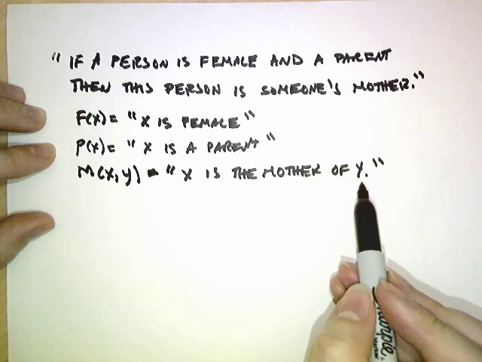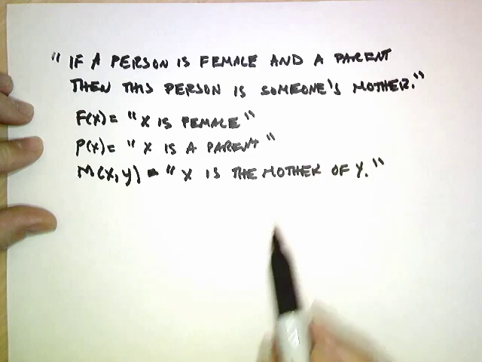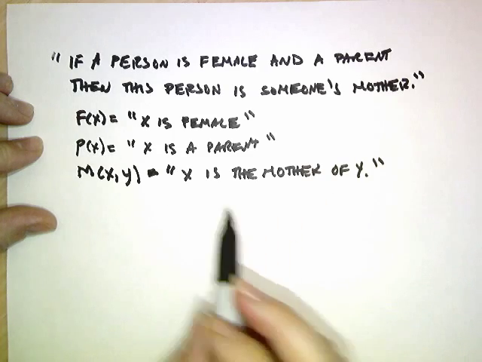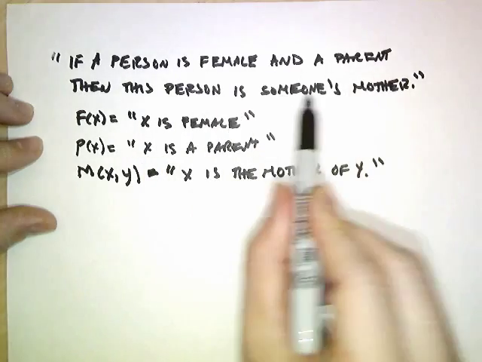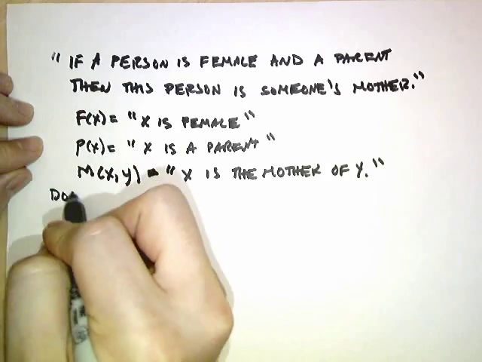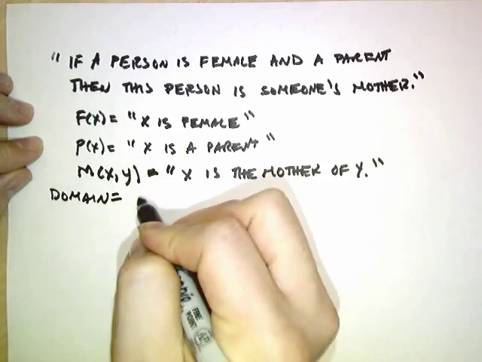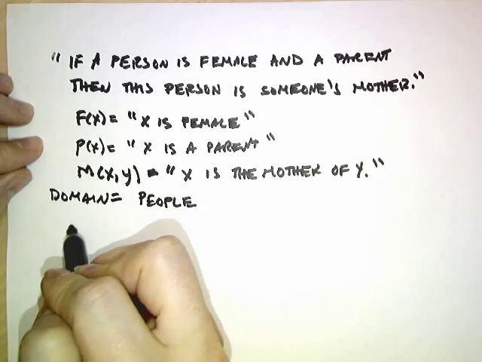Now that we have the predicates that we need, we can start thinking about the quantification and perhaps the implications that we need to write. So what did we want? If a person is female and a parent, then this person is someone's mother. Okay. And what's our domain here? I guess our domain is people. Okay.